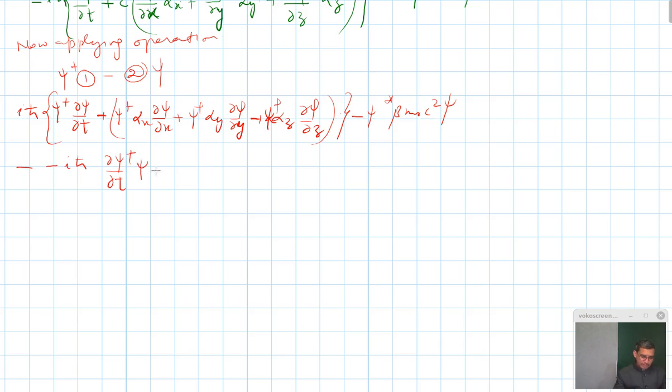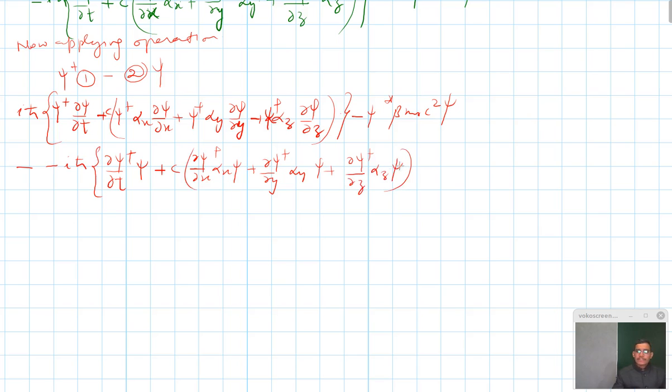Then plus, and c should be there, I missed that, c times curly psi dagger over curly x alpha x psi plus curly psi dagger over curly y alpha y psi plus curly psi dagger over curly z alpha z psi, right?